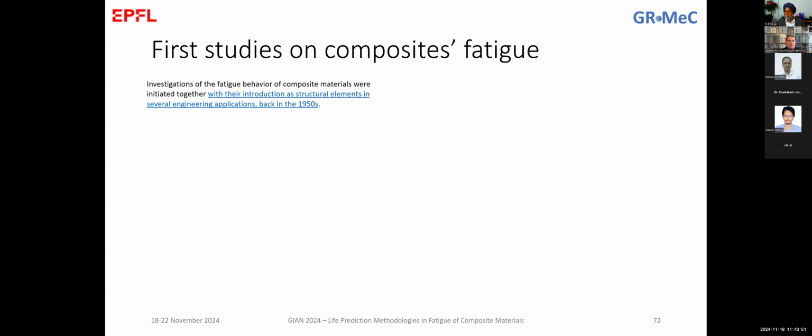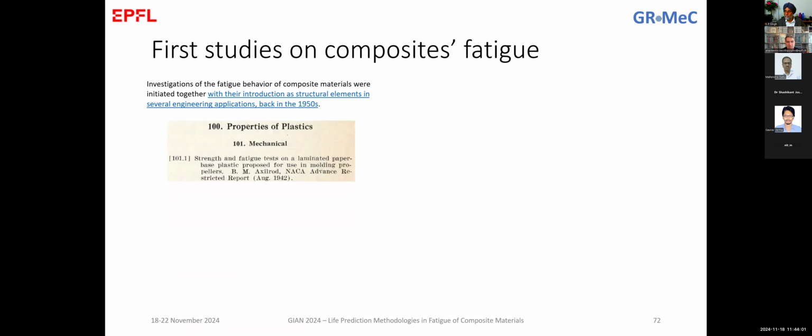So the first studies for fatigue of composites came with their introduction as structural components back in the 1950s. In 1942, we had this report from the United States discussing properties of plastics. Composites at that time were mentioned as plastics.